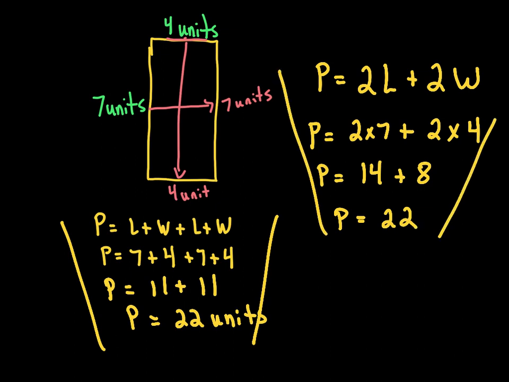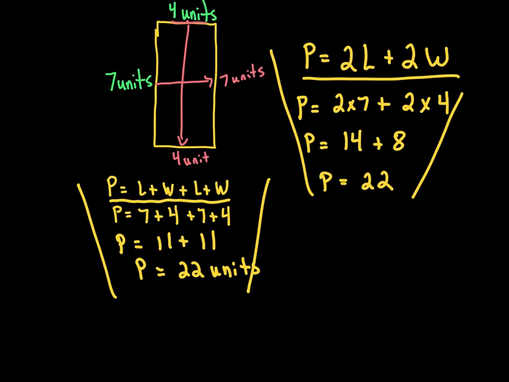Again, just another way of doing it. There's 3 different ways we could do it. We could do it when we're adding it up like this, separating it that way, or we could just do P is equal to 2 times the length plus the width. Use that distributive property.